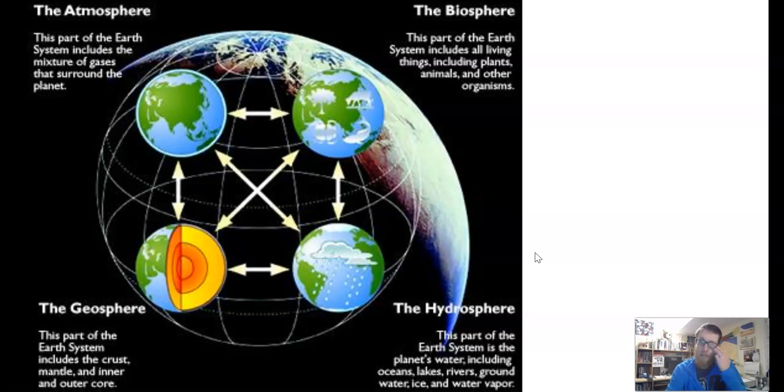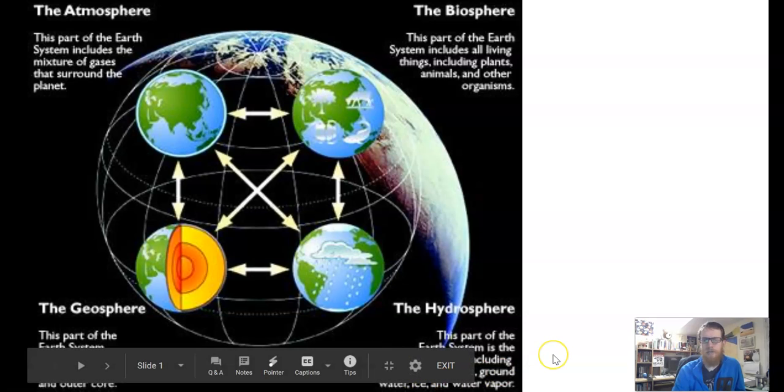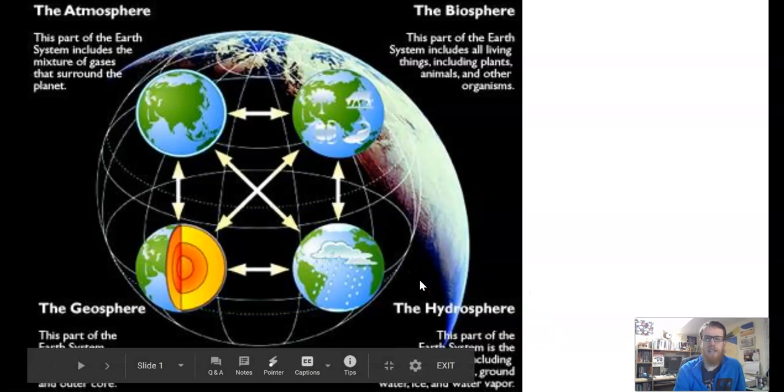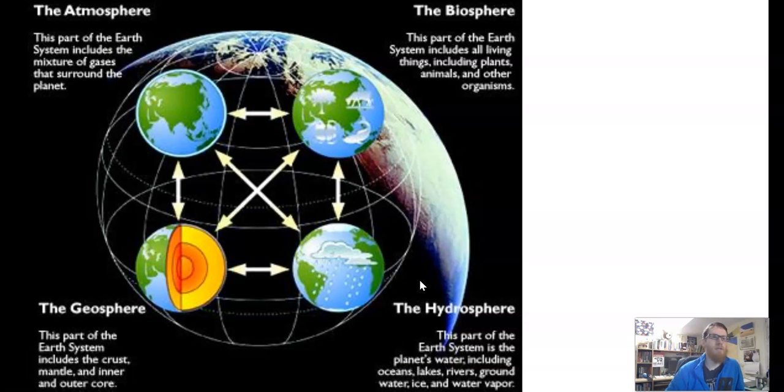You might see a version of the Earth system spheres that separates ice into its own group, called the cryosphere. There is some benefit to that, but especially at the elementary level, it makes sense to keep it all as the hydrosphere. It is all water, and it changes between forms. Glaciers and ice caps can easily become streams and rising ocean levels.